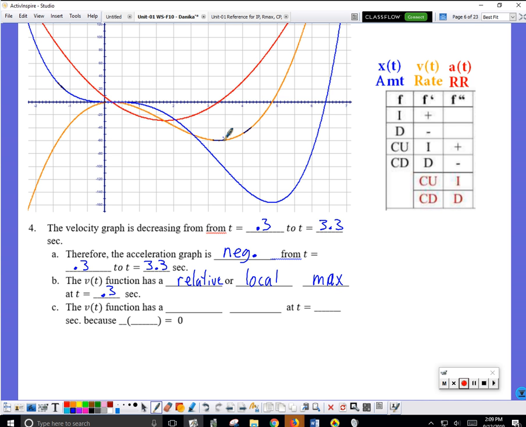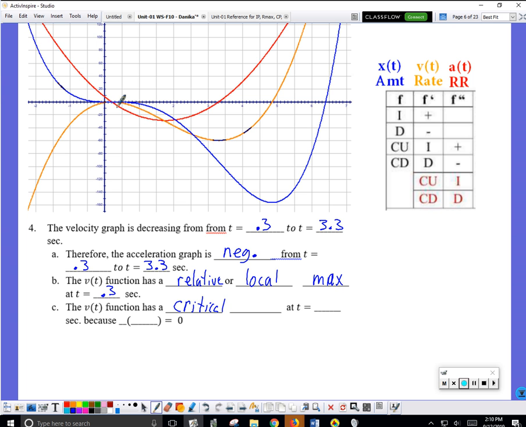Anybody else? Okay. V of t, therefore, has a critical point. What's a critical point again? I'm just going to quote the definition to help you remember it. Any function, in this case velocity, has a critical point when the tangent slope of the velocity is 0 or undefined.